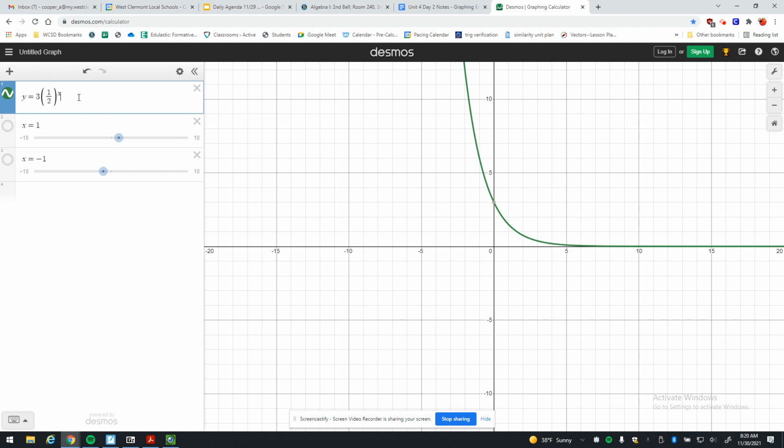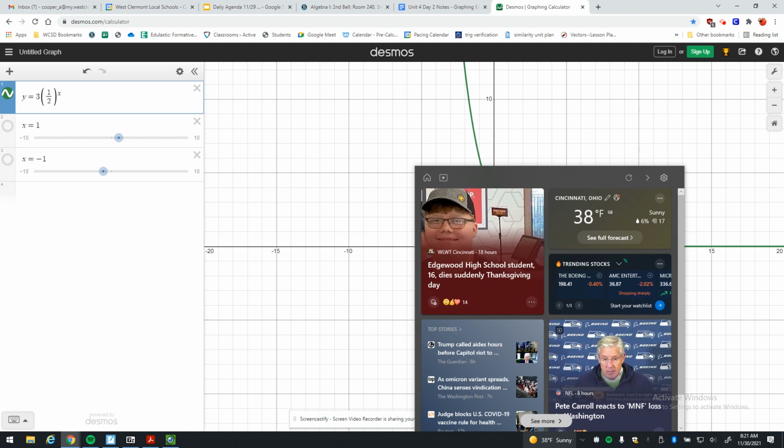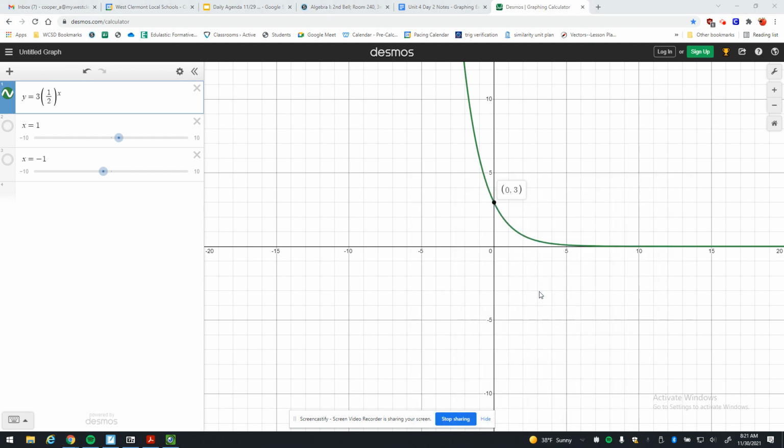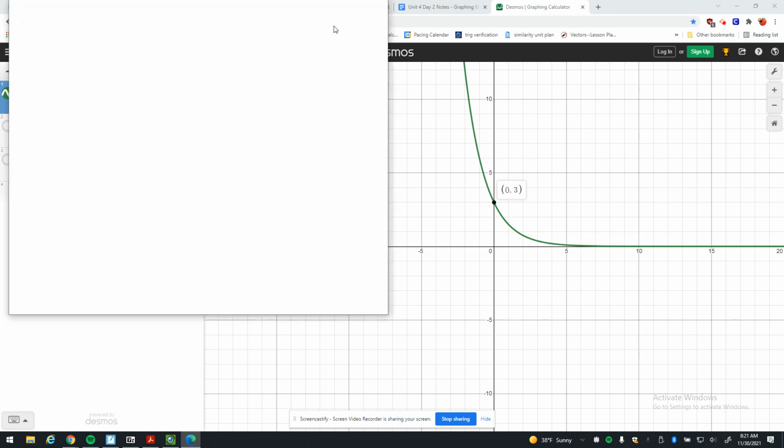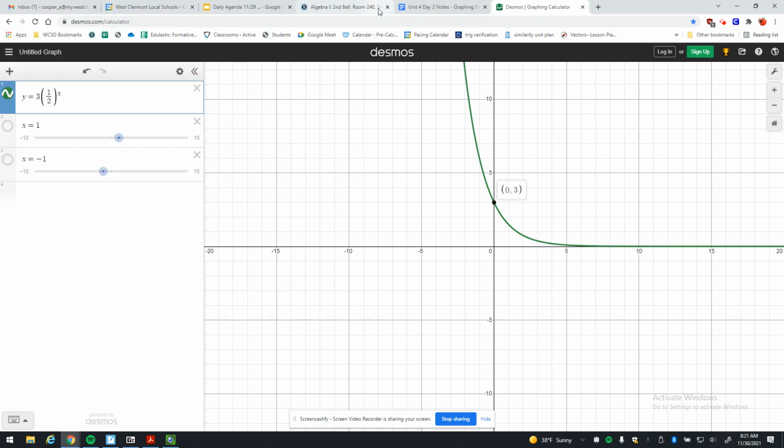Okay, I need that y-intercept. Does Desmos always give me my y-intercept? It does. So I click on it. Do I write exactly what Desmos says? You write exactly what Desmos says. So (0, 3). And I would go ahead and start graphing that. We know our domain. Now, growth or decay?